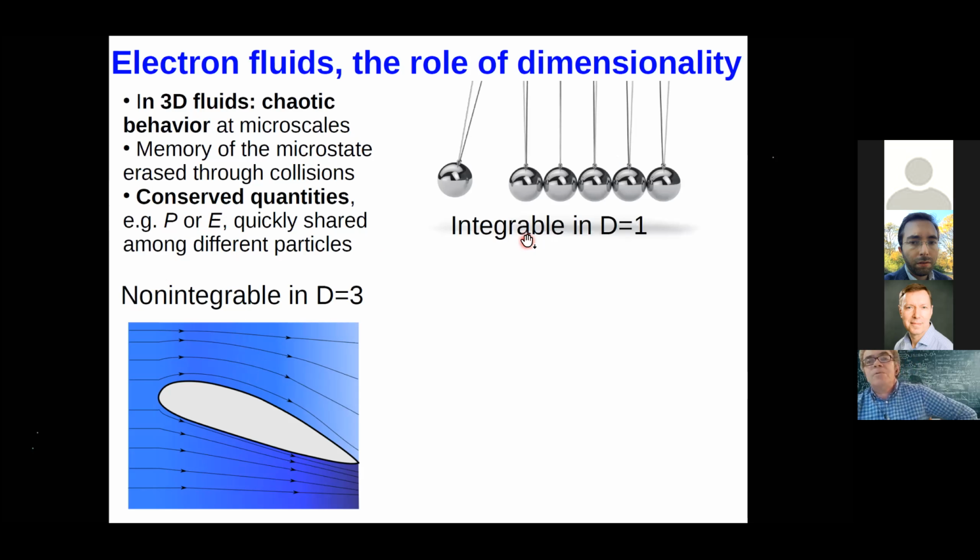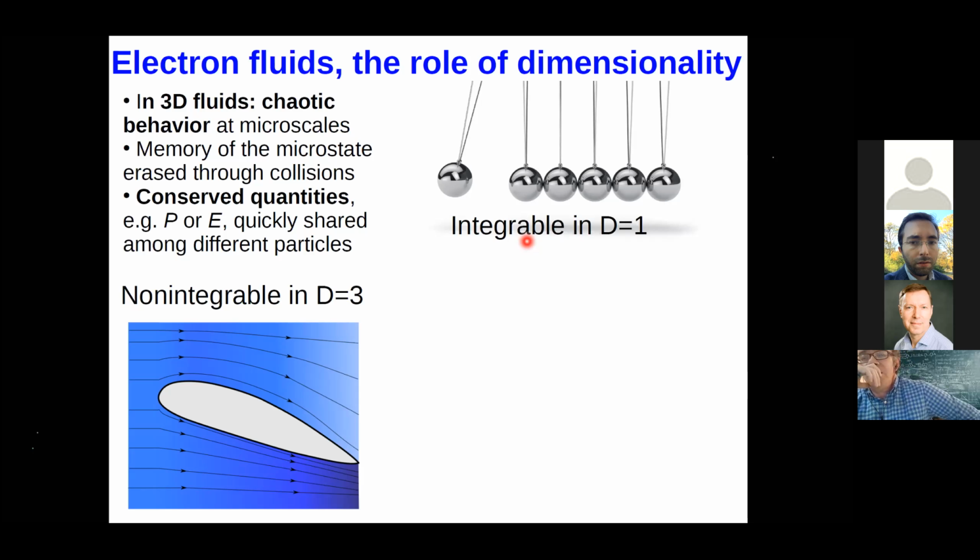another system which is well known, where behavior is quite different, is one-dimensional fluids. And in one-dimensional fluids, collisions are such that even if they're happening very frequently, they don't produce any ergodic behavior, and we're very familiar with that. Staring at that toy and remembering how you play with it.